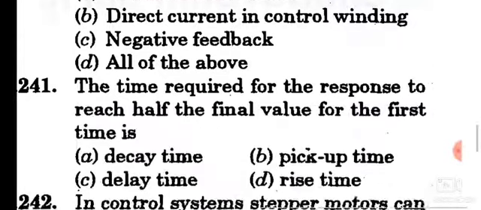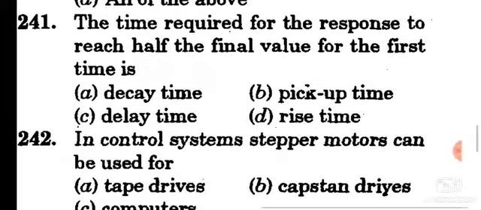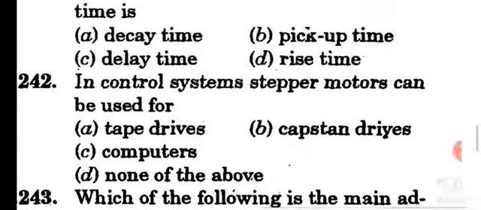Option C, negative feedback. Question number 241. The time required for the response to reach half the final value for the first time is option C, delay time.